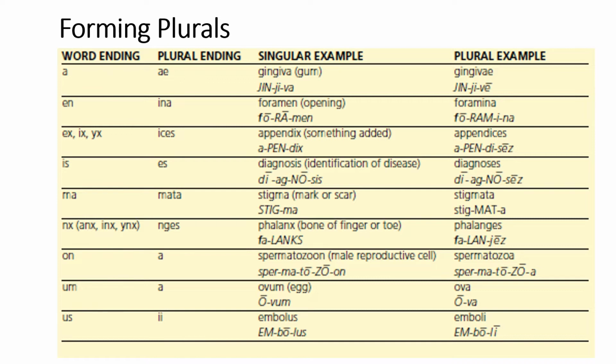The next word endings are EX, IX, and YX. The plural ending of these three should be ICES. The example is appendix, or something added, and the plural form is appendices. Next, if the word ending is IS, the plural ending should be ES.